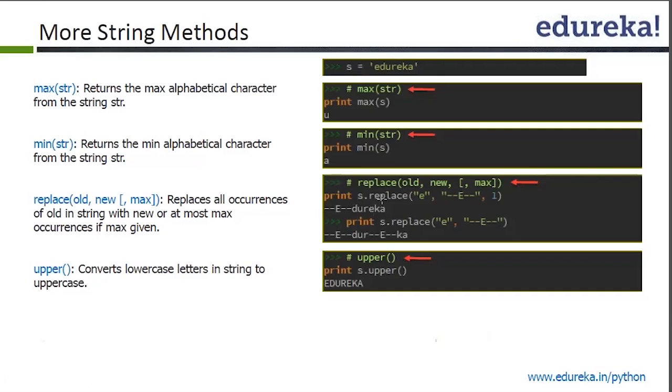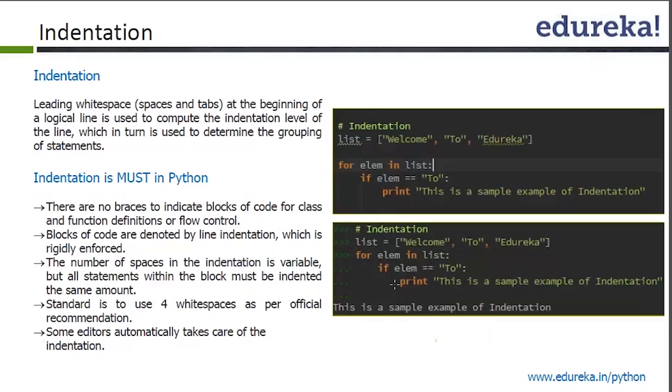And then s.replace, you replace 'E' with this one, and then you get this. On and so forth, right? Upper, you just do s.upper, and then you get all characters in uppercase. So these are few functions here.